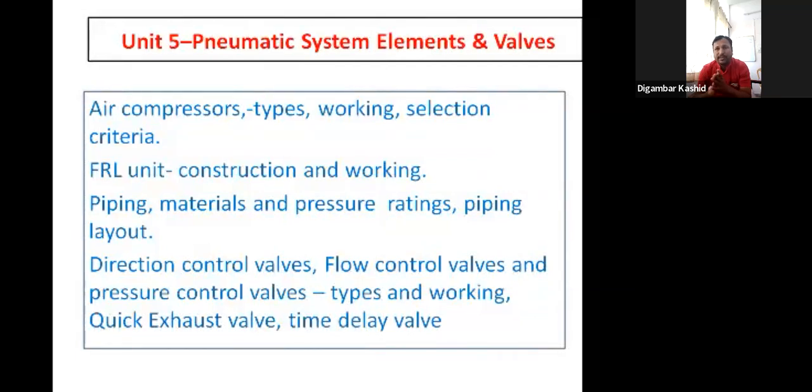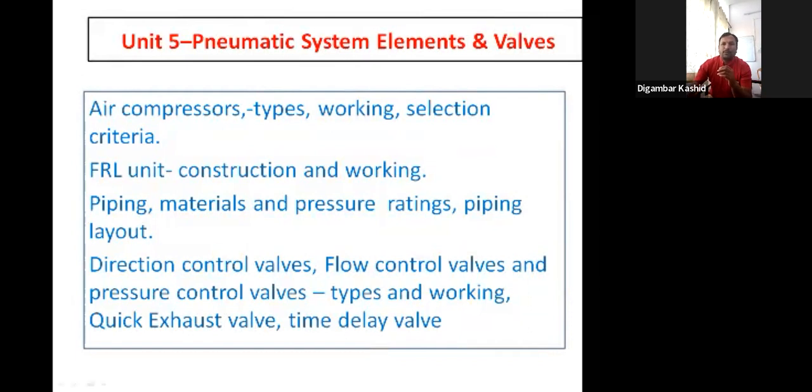Further we will discuss the most important one, the compressor. Then we will discuss the controlling elements, the fluid power control elements, that is the valves. Whatever valves we discussed for the hydraulic system, the same valves will be here for the pneumatic system. In control valves we have direction control, flow control and pressure control.